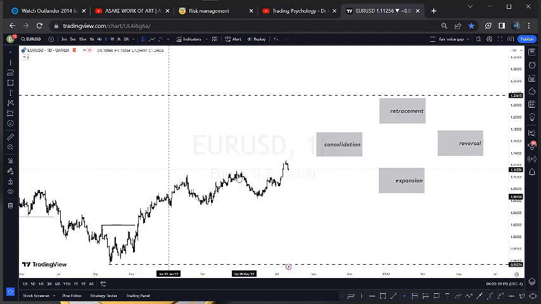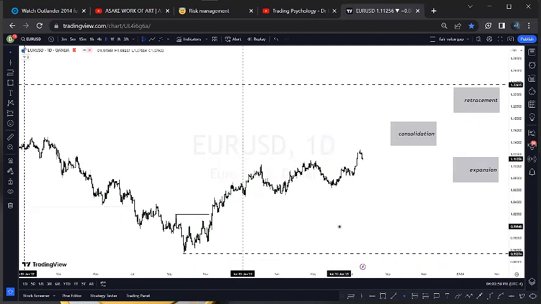We see consolidation, we see expansion, we see consolidation, we see reversal, and inside this is a retracement. Consolidation, reversal, consolidation, retracement, and expansion. So after consolidation, we have expansion. After consolidation, we have reversal. You understand? So we have these four methods of price delivery.